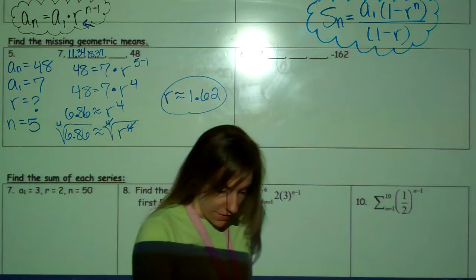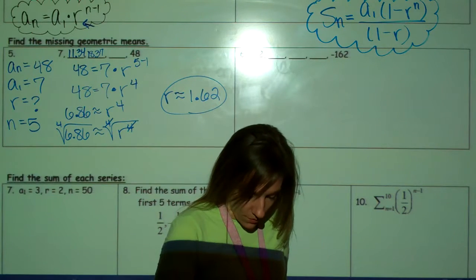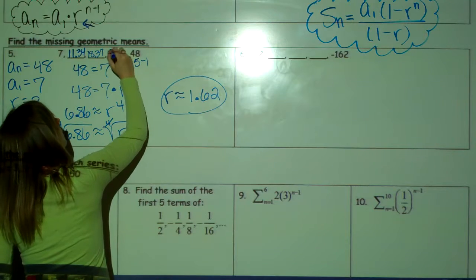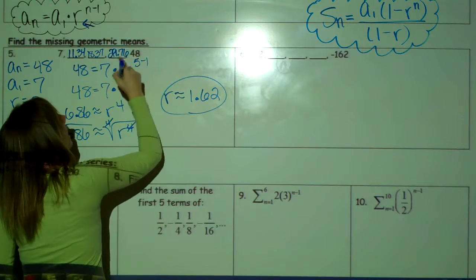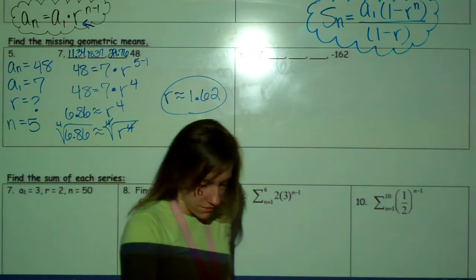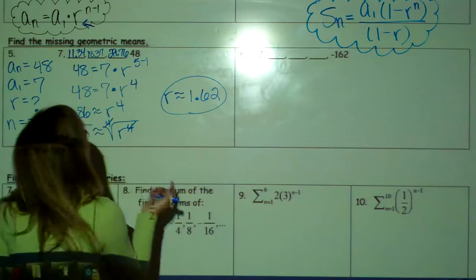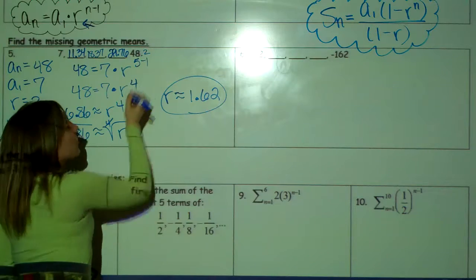And if I multiply that by 1.62, I get 29.76. And then if I multiply that times 1.62, I get 48.2, which is very close.